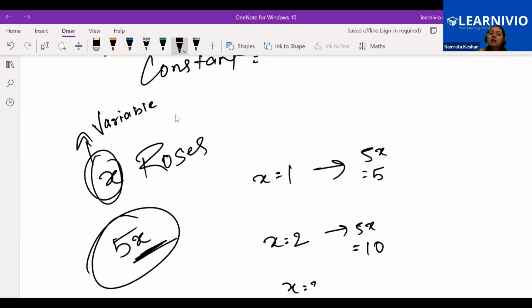If x is 3, then 5x gives 15. So x is varying, and due to that 5x completely is going to vary. That's why whenever a variable is multiplied with a number, the whole thing becomes just a variable. Variable means it is varying according to the value of x.